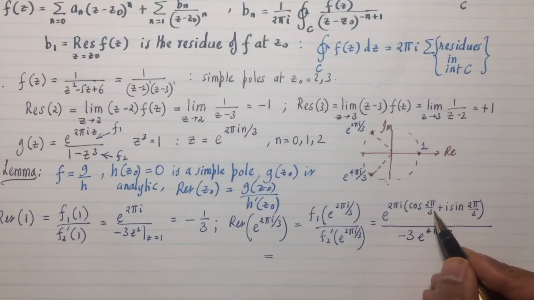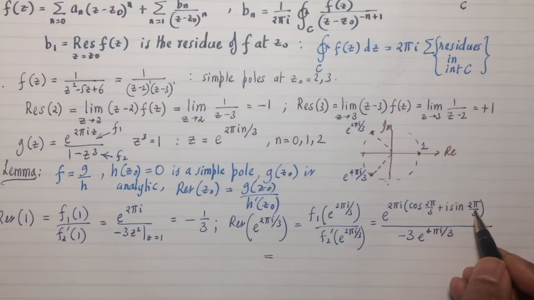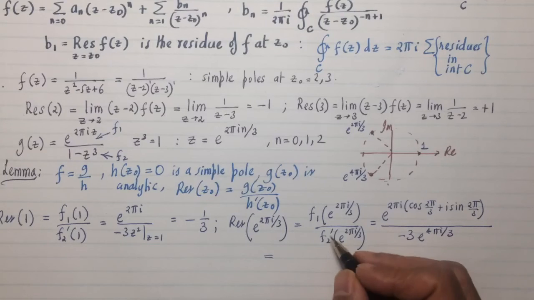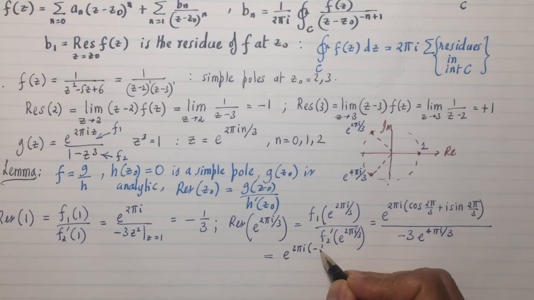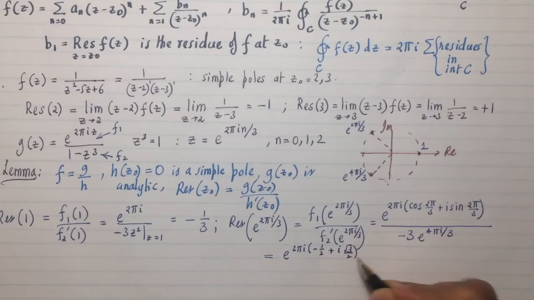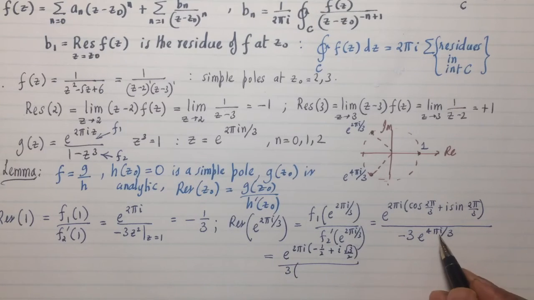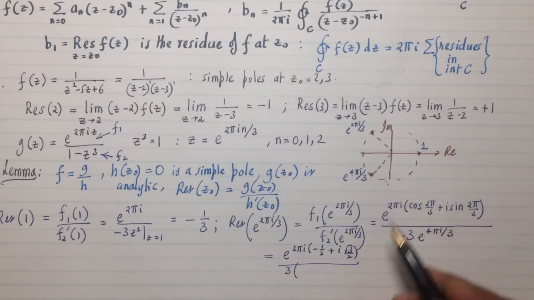Cosine 2 pi over 3 is cosine 120, which is negative half. Sine 2 pi over 3 is the same as sine of pi over 3, so that's going to be root 3 over 2. This is giving me e to the 2 pi i times negative half plus i times root 3 over 2, divided by 3 times e to the 4 pi i over 3, that's over here.